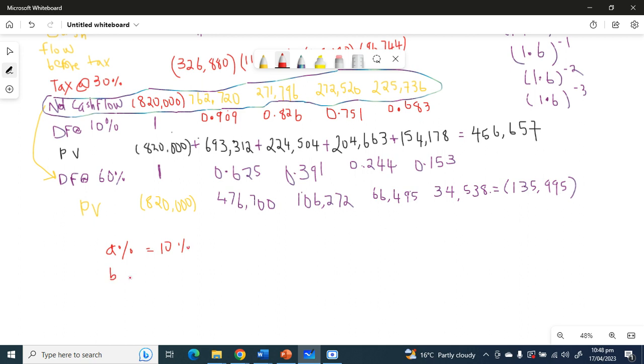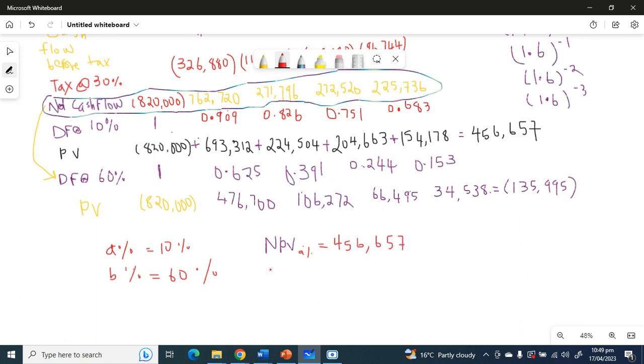B% is the higher discount factor, which is 60%. NPV A% is 456,657.